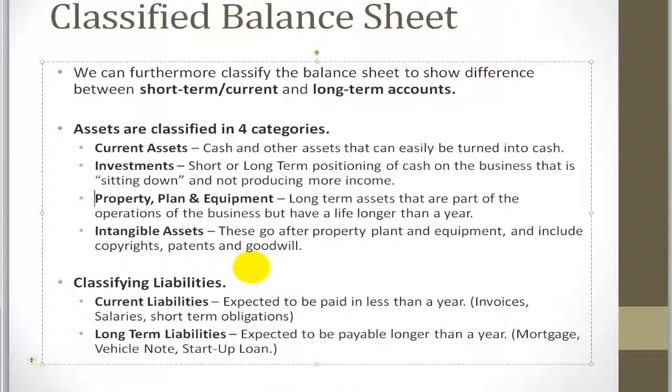We also classify liabilities in 2 different sections. We have current liabilities that are expected to be paid in less than a year, such as invoices, salaries, and short-term obligations. And then we have long-term liabilities, which are expected to be payable in longer than a year, which could be a mortgage, a vehicle note, or a startup loan.